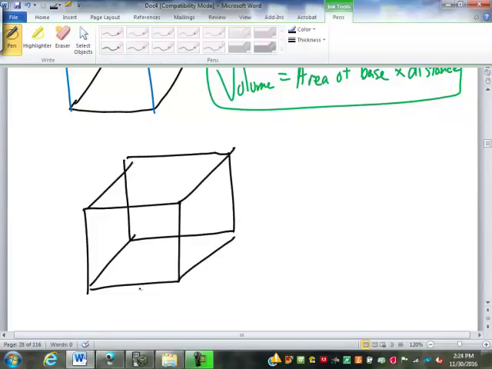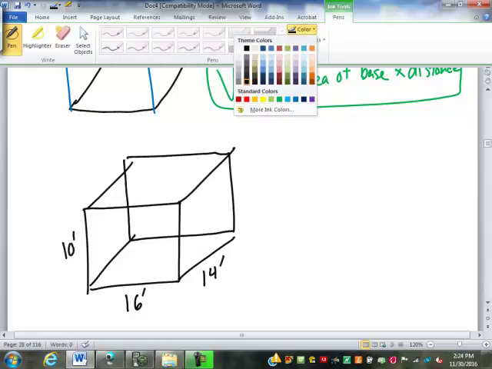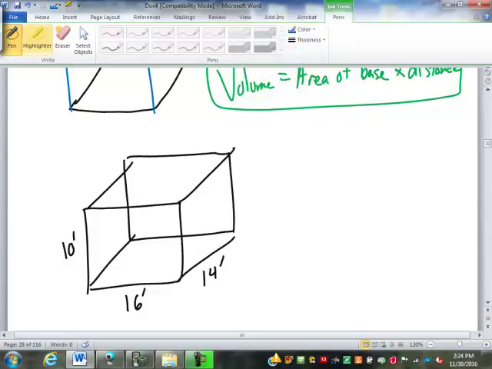So let's say we have a box that is 16 feet by 14 feet by 10 feet. The base, as we mentioned last class, could be any one of those rectangles, but we're going to choose it to be the bottom just to keep it simple.